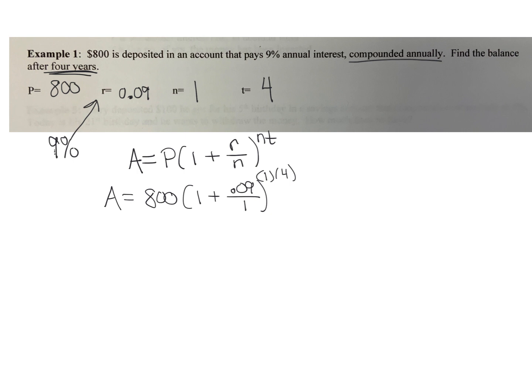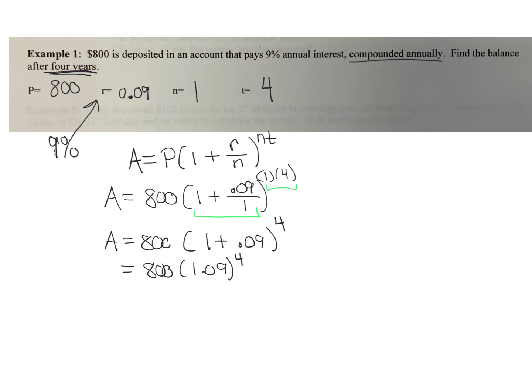Since you're using a scientific calculator, I would simplify as much as possible. So I would simplify this piece and this piece first. So my amount is going to equal 800, 1 plus 0.09, because 0.09 divided by 1 is just 0.09, and 1 times 4 is 4, equals 800, 1.09 to the 4th. So if I were you guys, I would type this in my calculator first, and then multiply by the 800.